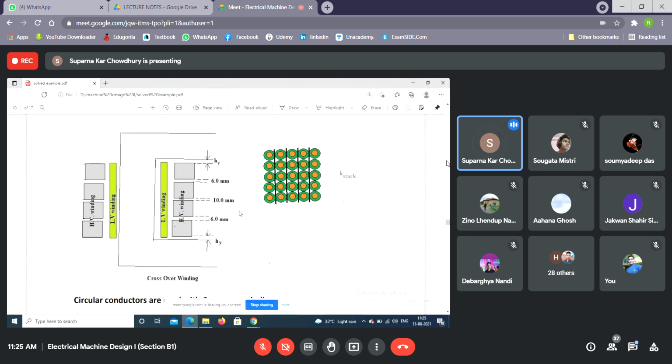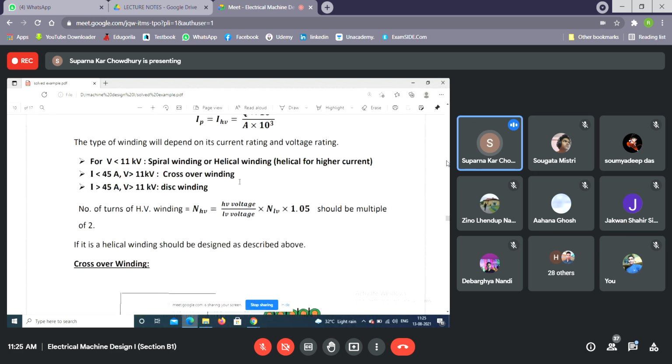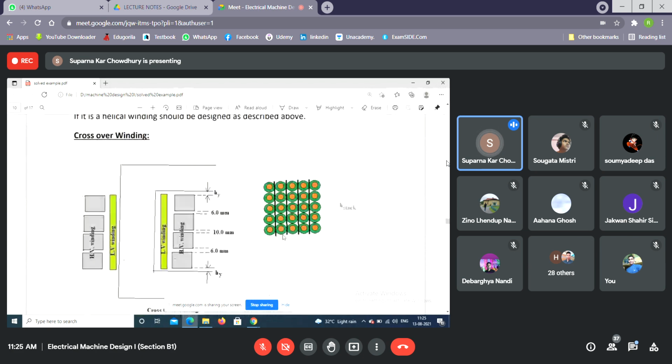Now for the HV winding, helical winding, what we have discussed, obviously between the 2 layers we will have insulation, or in most cases we will have a duct, oil duct, because those are high current windings. Voltage is low, so current rating is high, so there will be ducts in case of helical winding.